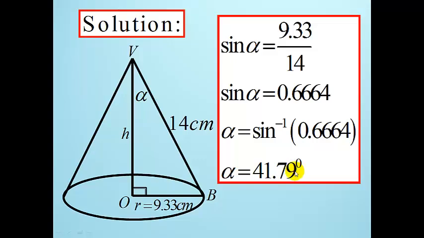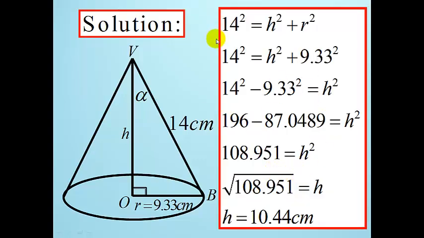Now let's proceed. How do we find the height of the cone? Let's consider the right angle triangle VOB with a 90 degrees angle at O. This is a right angle triangle. That means we can use the Pythagoras theorem to solve for the height, because we already know two sides of the triangle.